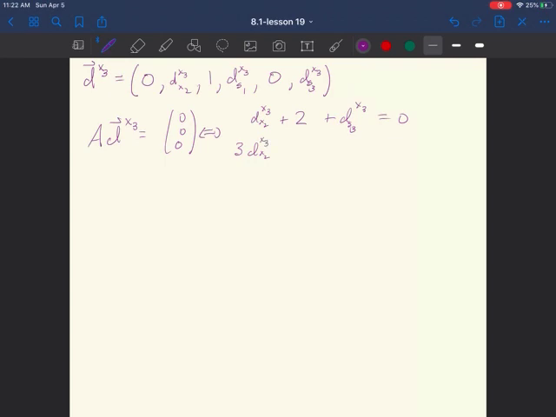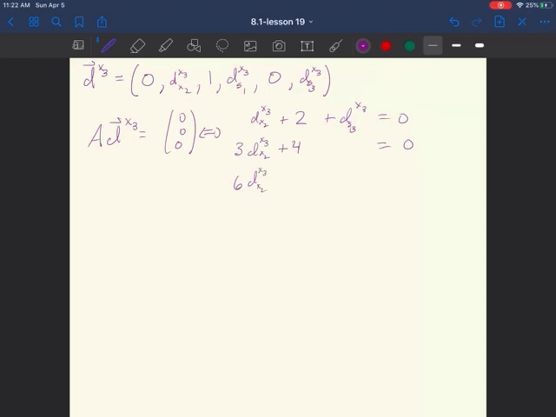I have 3 dx2,x3 plus 4 plus 0 equals 0, because there's a 0 coefficient for the S3 variable in the A matrix there.